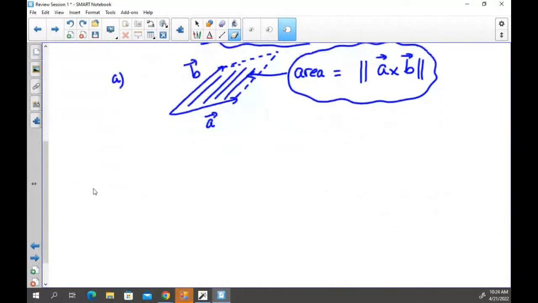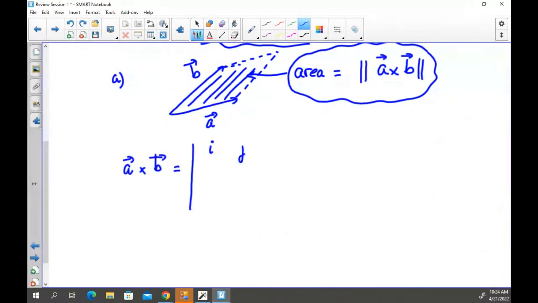So now we are going to find the cross product first, and then we will find the magnitude. For the cross product, you may remember, we write i, j, k. Then we put the vector A, which is 1, 2, 3, and the vector B, which is -1, 2, 2.